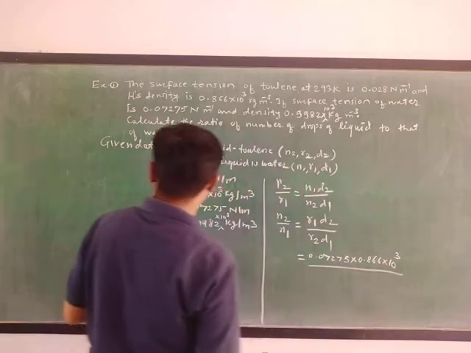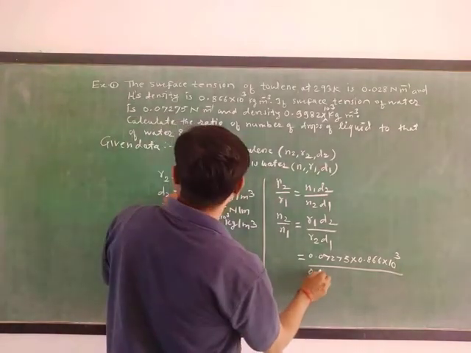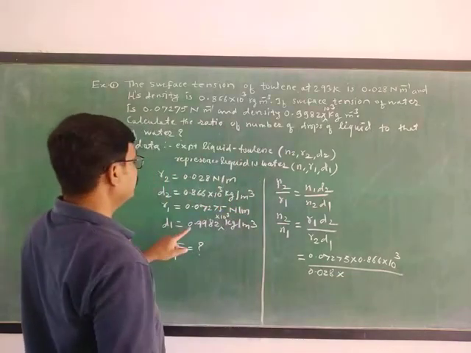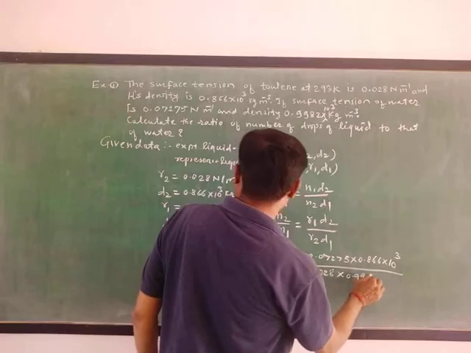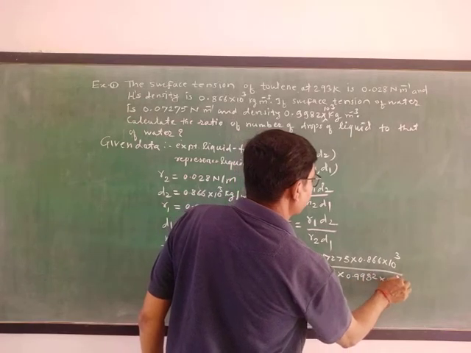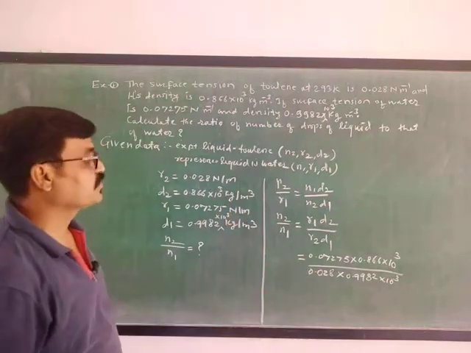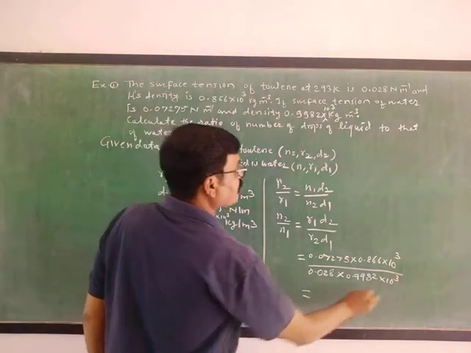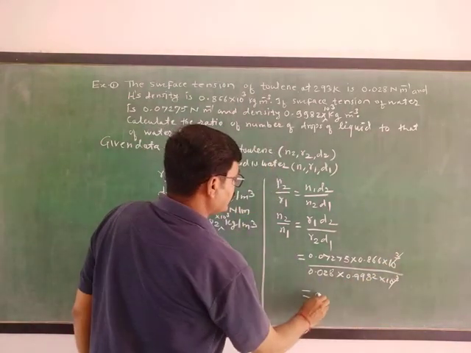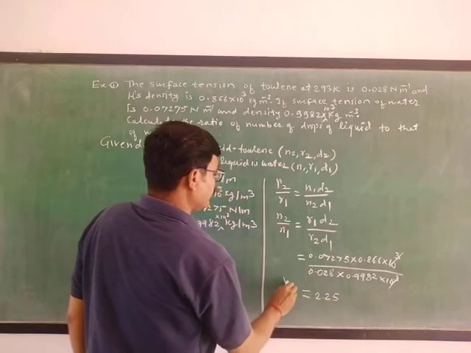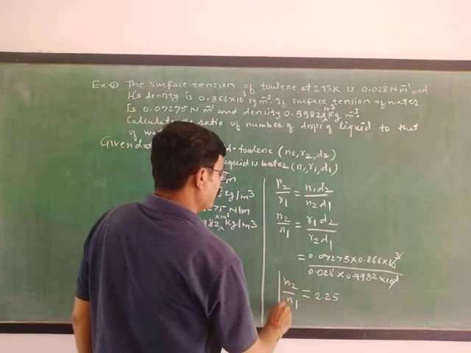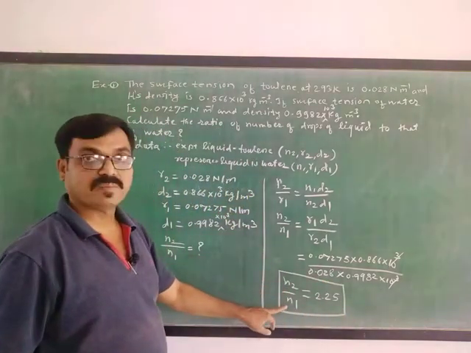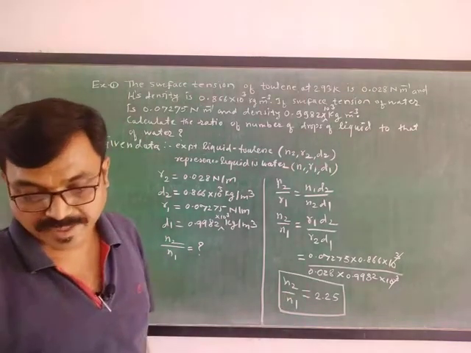Again at the denominator, gamma 2, 0.028, multiplied by D1, that is 0.9982 into 10 raised to power 3. All units are MKS, so no need to convert any quantity. After solving this you will get 2.25. Since it is a ratio, there is no unit. In this way, the ratio of number of drops of toluene to the number of drops of water is 2.25.